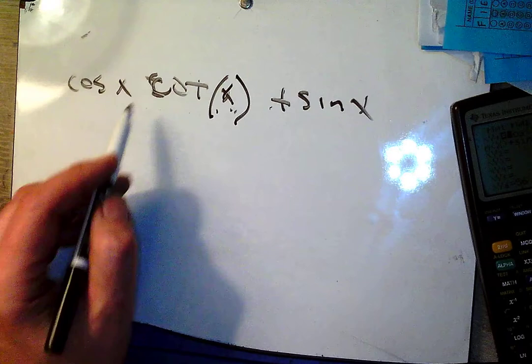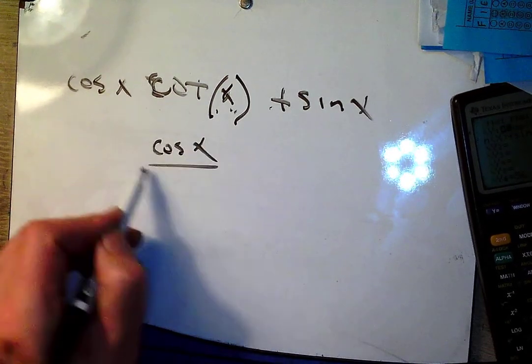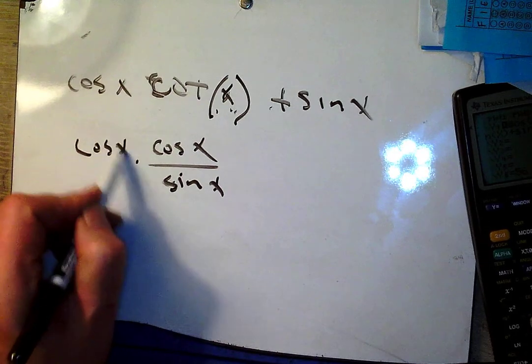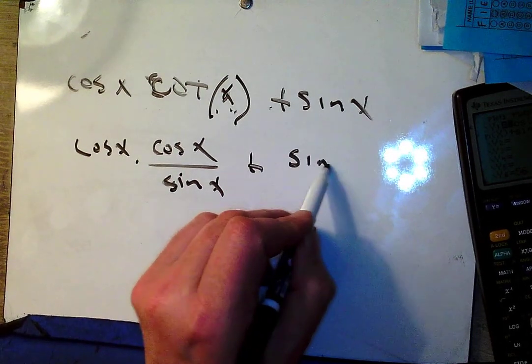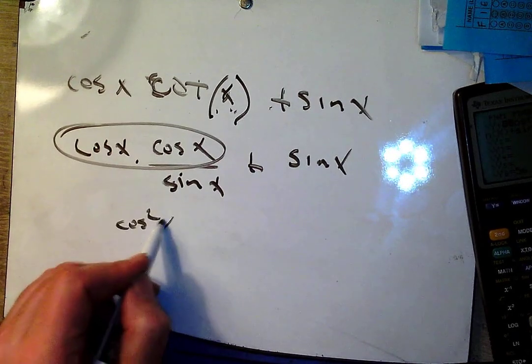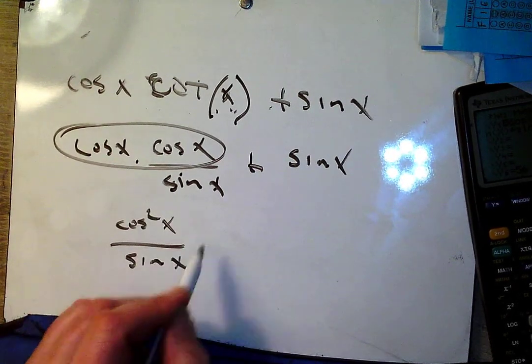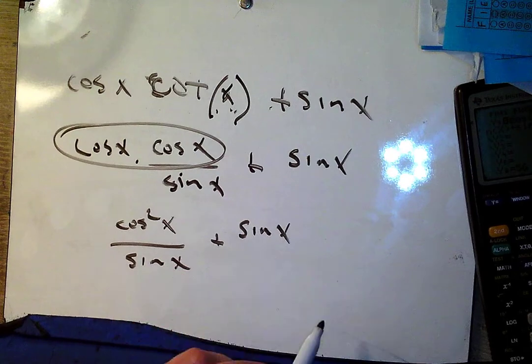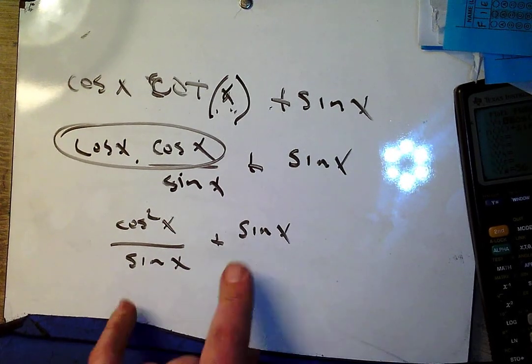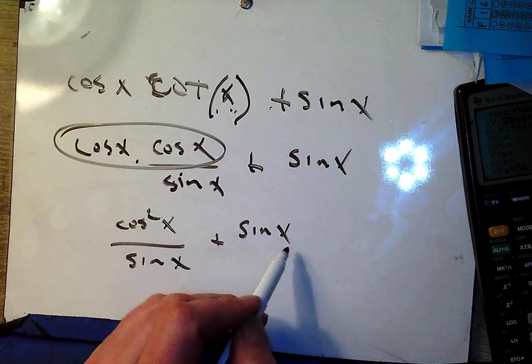So I know that this is cosine over sine. And I've got times cosine and a plus sine. Well, that is cosine squared. Two things. I can't add them unless I have a common denominator.